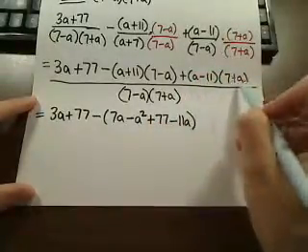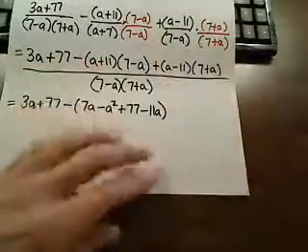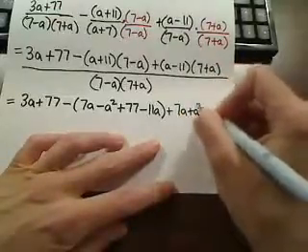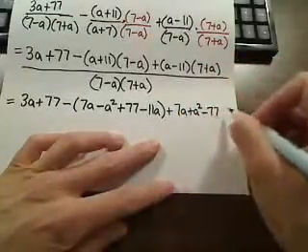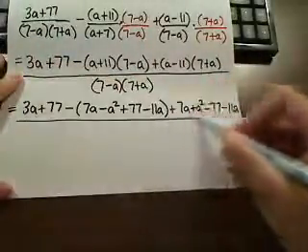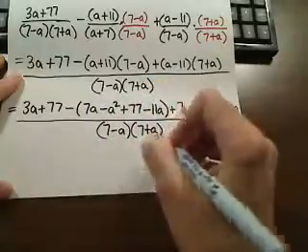When I do this FOIL, I don't need to keep it in parentheses because it's just a positive sign out here. So this is 7a plus a squared minus 77 and minus 11a. And this is all over our LCM.